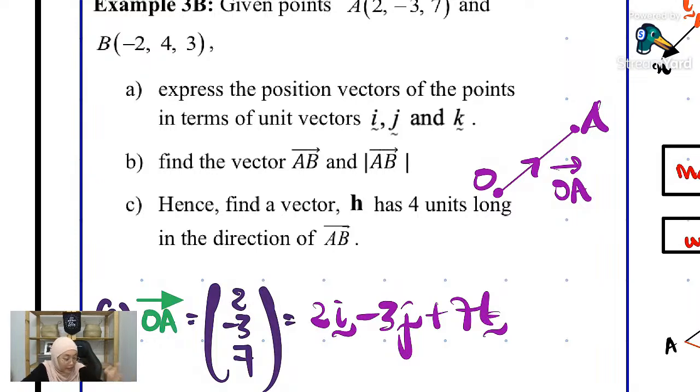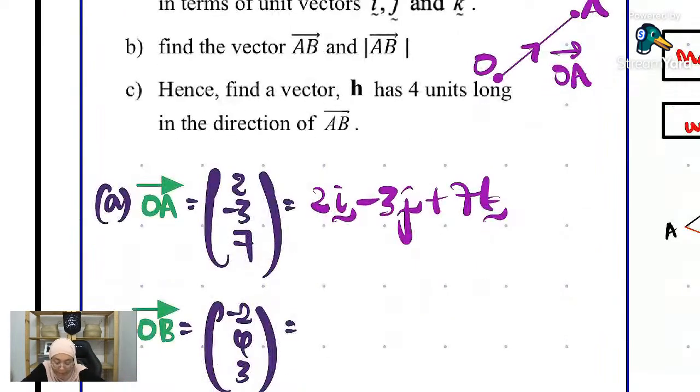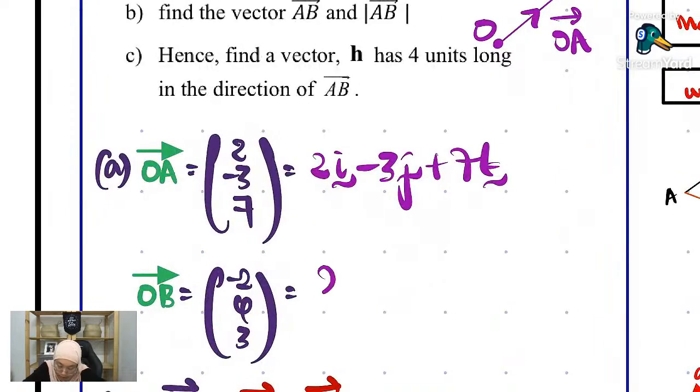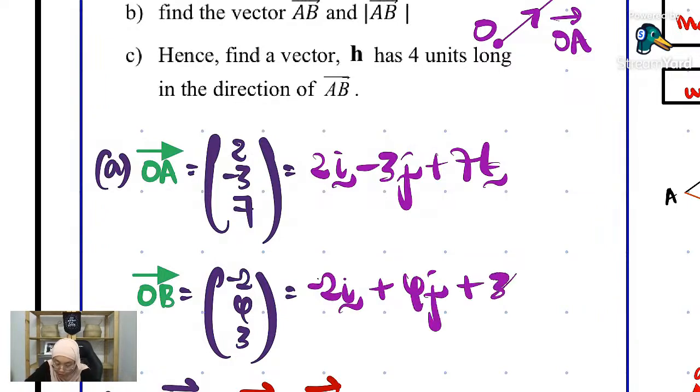Same goes to point B, from the direction from origin to point B. So the vector is from O to B. Okay, so this is just negative 2I plus 4J plus 3K. That's it.